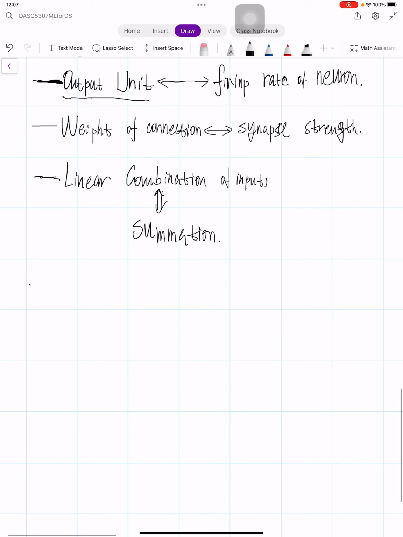And then we also have the activation function, right? The logistic or sigmoid function, or the ReLU function. You can think of this as a firing rate situation.